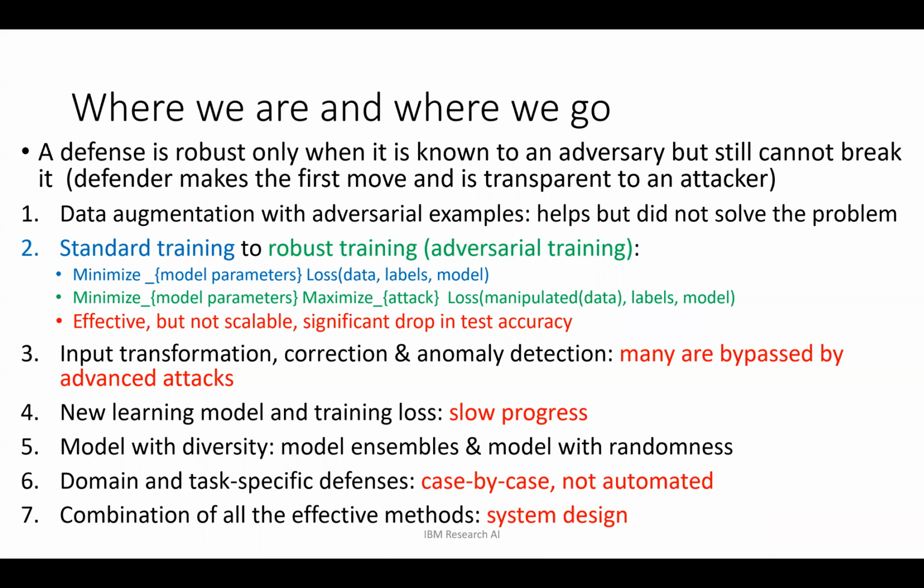By far, one of the most effective methods is what we call adversarial training, which requires that when we train the model parameters, we generate these adversarial examples on the fly and ask the model parameters to be updated such that the loss evaluated on those adversarial examples can be mitigated. This is one of the most effective methods so far, but there are also some downsides: it is not really scalable to large models or data sets, and there is a notable trade-off between the original utility, like test accuracy, versus the improved robustness.